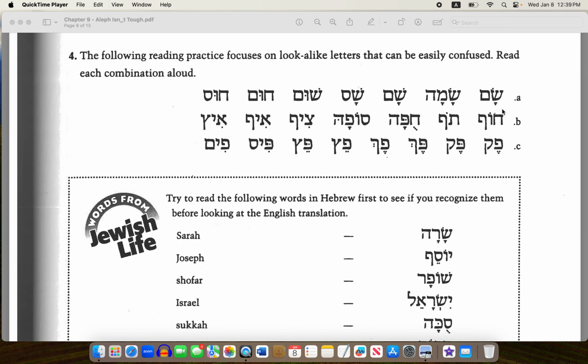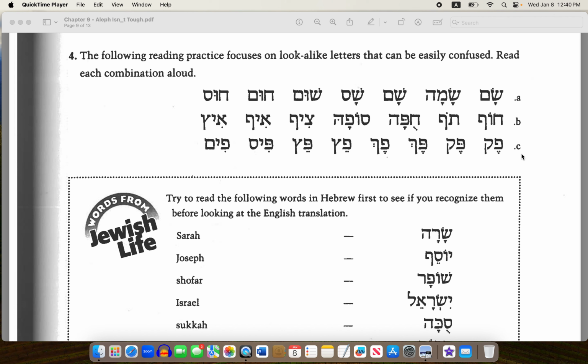Line A. Sam, Sama, Sham, Shas, Shum, Chum, Chus. Line B. Chof, Tof, Chupa, Sofa, Tzif, If, Eats.